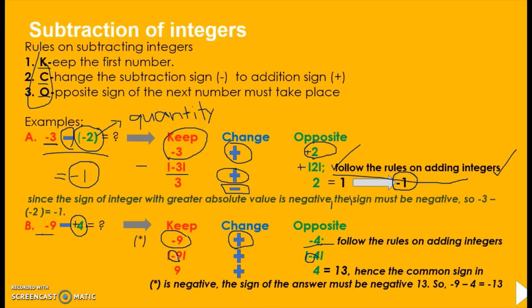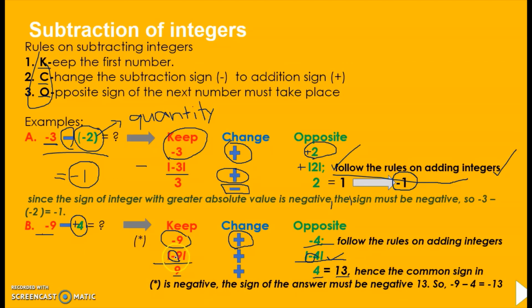The absolute value of negative 9 is 9. The absolute value of negative 4 is 4. So it's just the same as 9 plus 4. It is 13. And the rules for adding integers with common signs must take place.